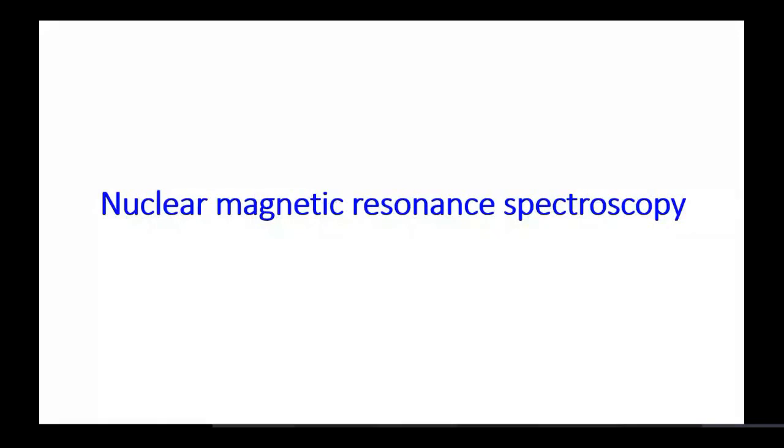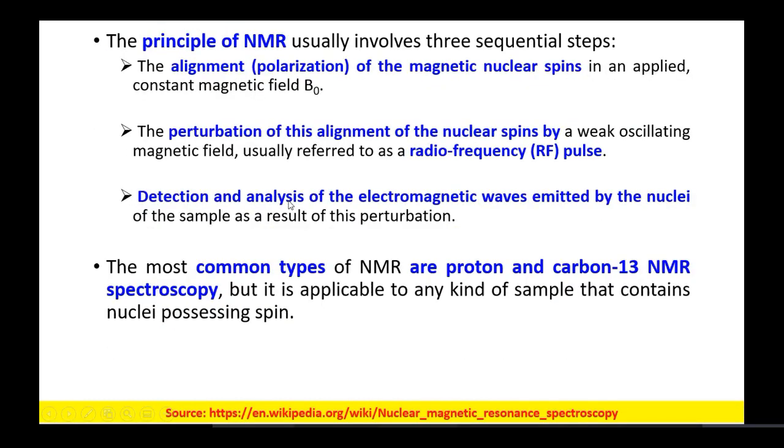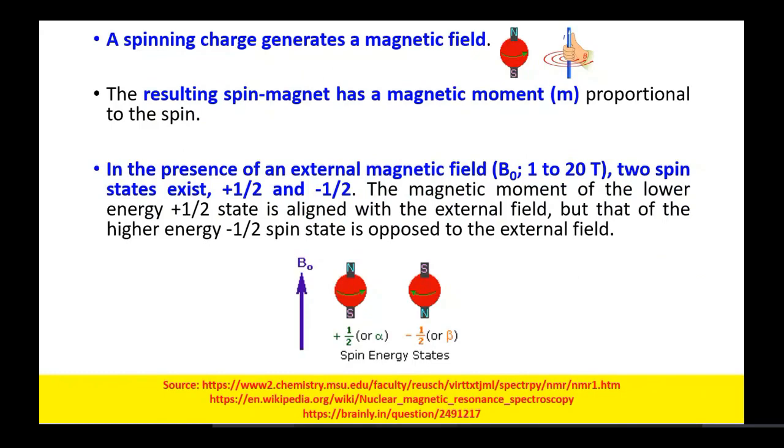So good evening everyone. Yesterday we started with nuclear magnetic resonance spectroscopy, and over here we have seen that all atoms have a nucleus, and in the nucleus we have protons and neutrons.